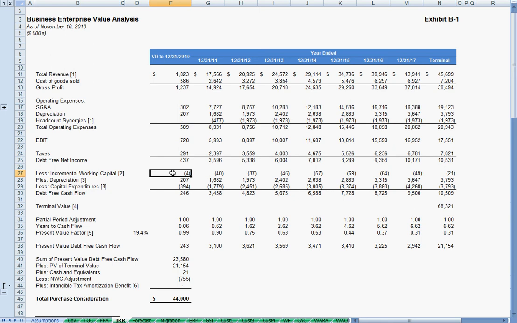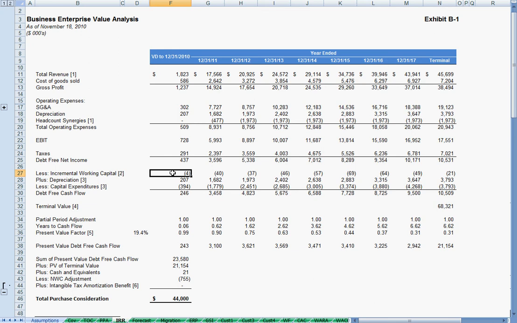For example, the software industry may have a very positive effect on the cash flows through the investment in the net working capital. It's actually the situation where the customers pay before they receive service, and so the company can finance itself through those upfront payments. In other words, the net working capital will contribute positively to the debt-free cash flows.